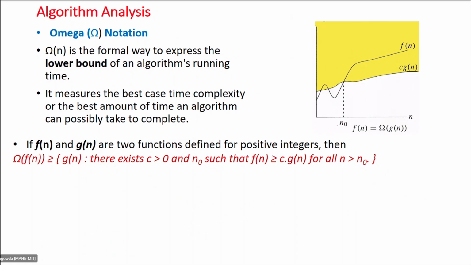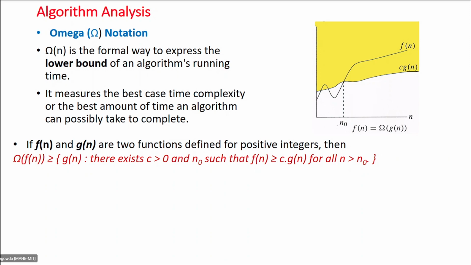So next is nothing but omega notation. It basically describes the best case scenario, which is just the opposite of the big O notation. It is the formal way to represent the lower bound of an algorithm's running time. It measures the best amount of time an algorithm possibly takes to complete, or the best case time complexity.